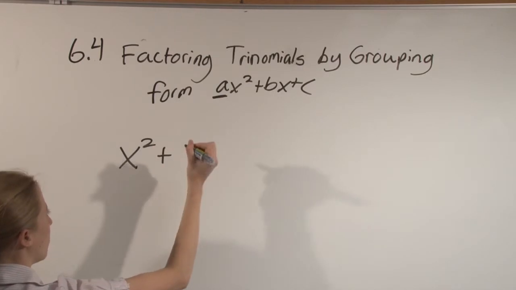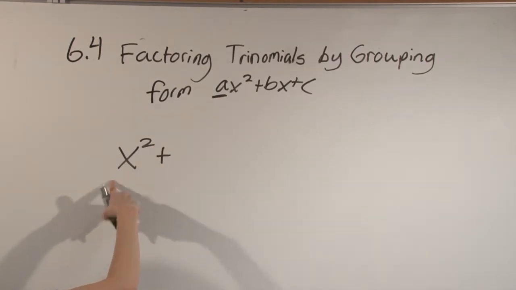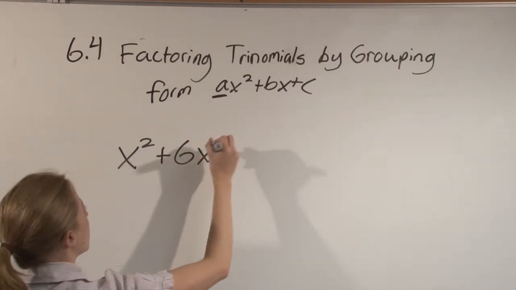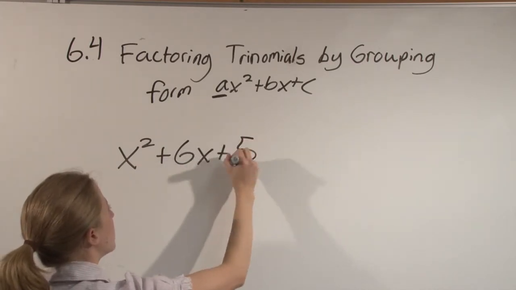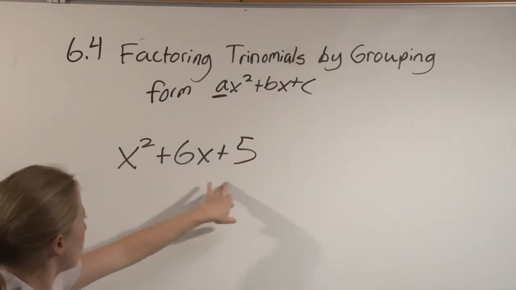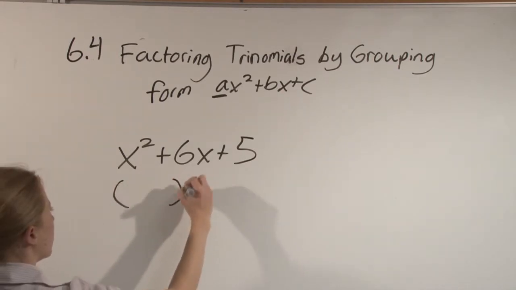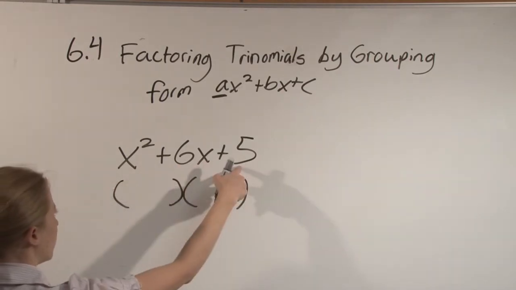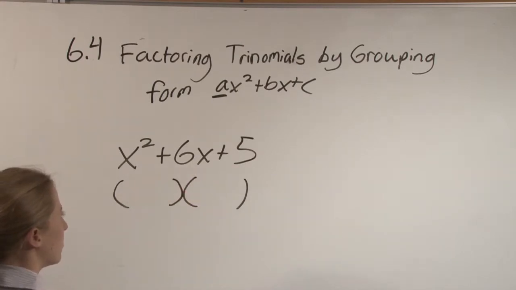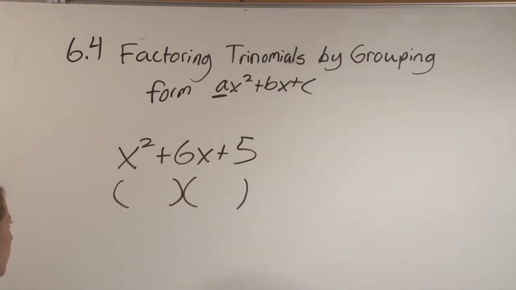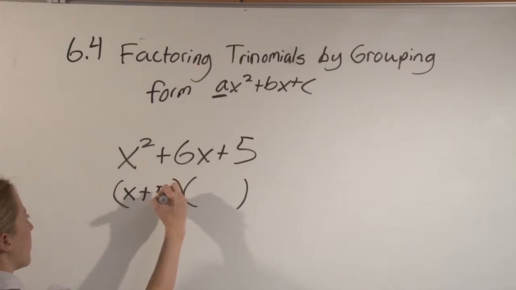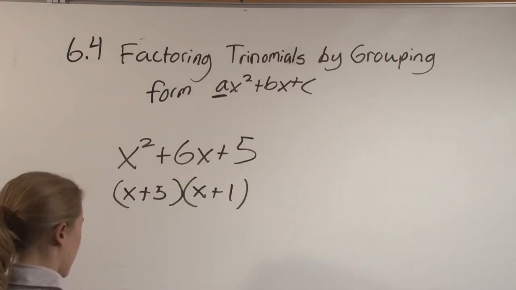As you all know, when you have an x squared in front without a coefficient, then what you do is you find two numbers that multiply to 5 and add to 6. So the only factors of 5 are 5 and 1. So I would do x plus 5 times x plus 1.